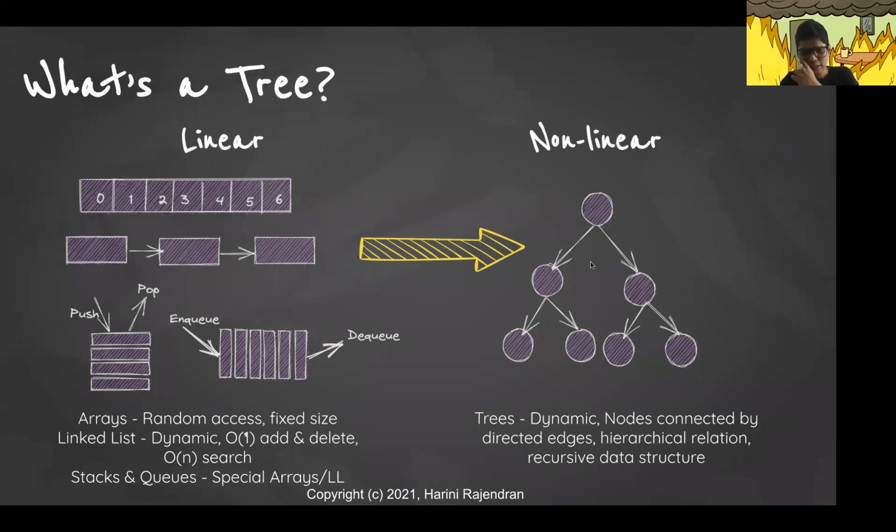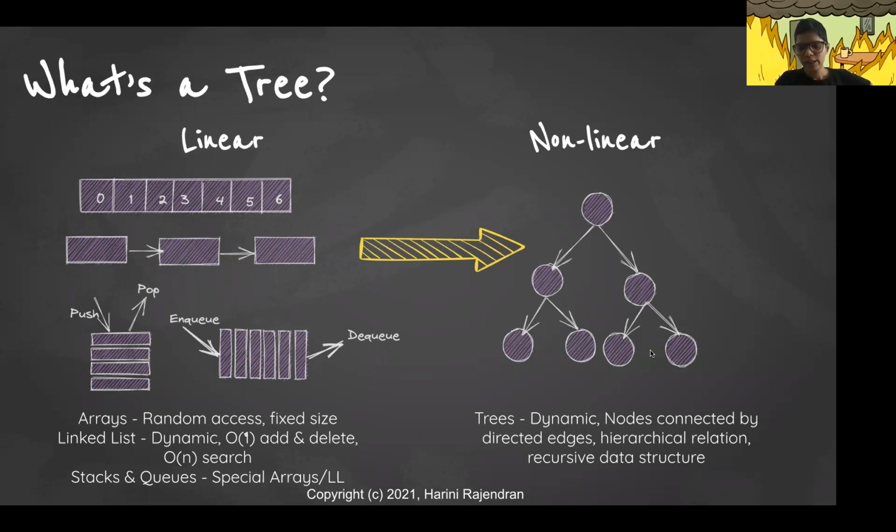As you can see here, these nonlinear data structures are not represented in a single level like the linear data structures, and also we cannot traverse through them linearly. So that's why these are called nonlinear data structures.